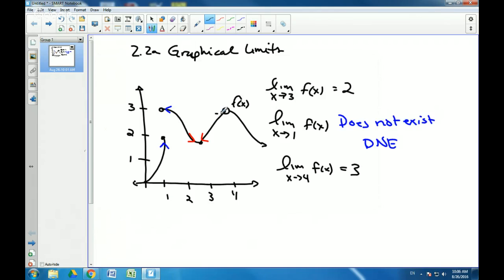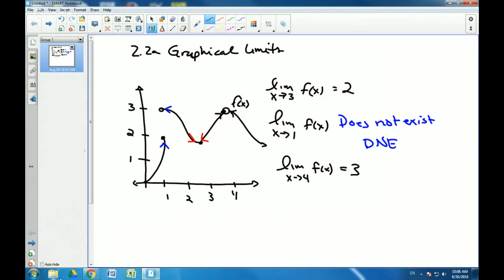Here, we're headed to the same spot. Here, we're headed to the same spot. Here, we're not. Okay? So it can be discontinuous at a point discontinuity, there's still a limit, because you're going to the same location. But if it's jump or infinite, we have issues. Okay? Good.